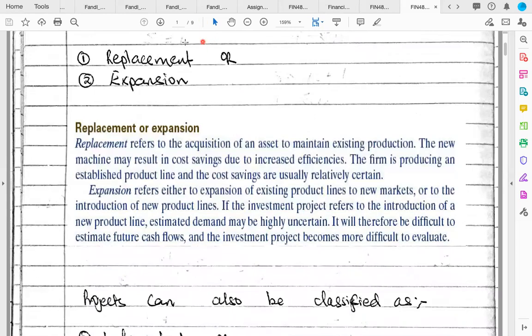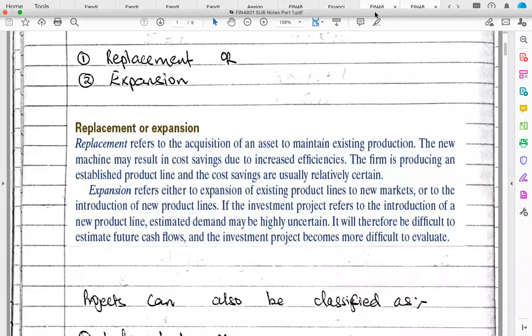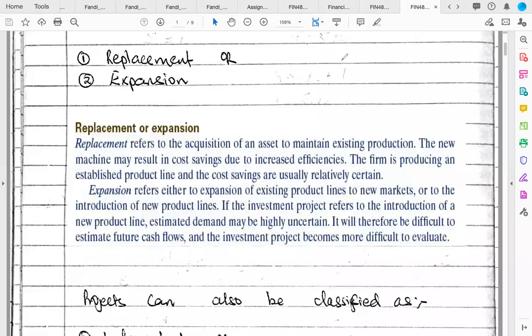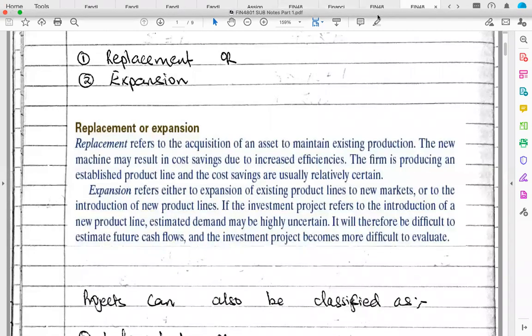So replacement means a company replacing an asset that it currently has with another asset, to boost efficiencies in how the asset operates, or to save costs or minimize expenses associated with producing goods.